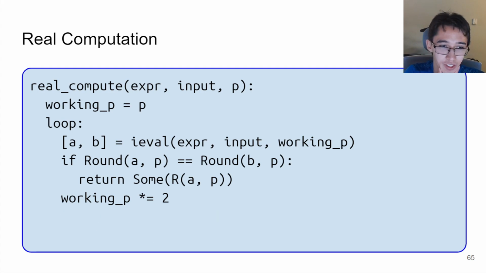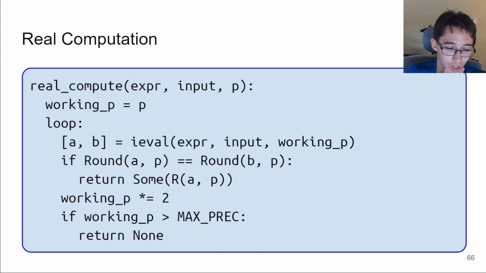And then we'll loop again until we find an answer. But as I just showed, if the working precision is greater than some maximum precision, then we weren't able to find an answer, and we need to bail because we'll keep using up memory and time until it spins out. So this real computation method will not always succeed, and that's because real computation is a very hard problem that we can't always do.